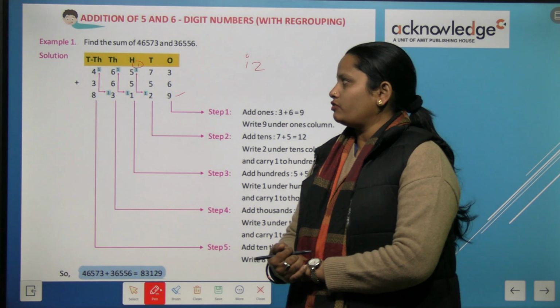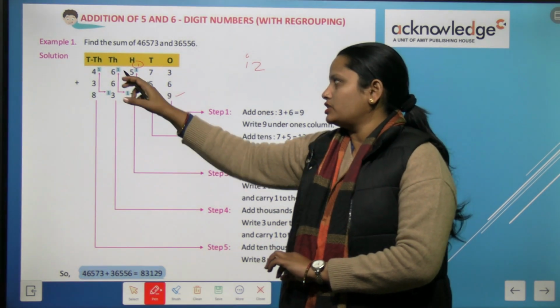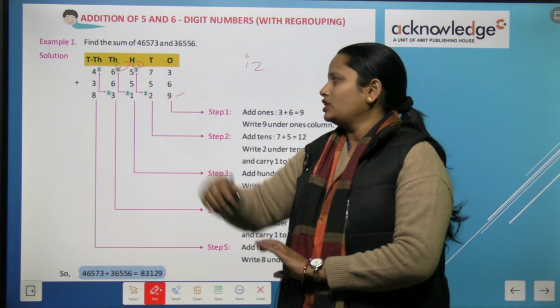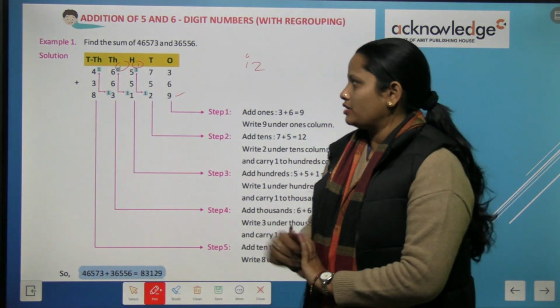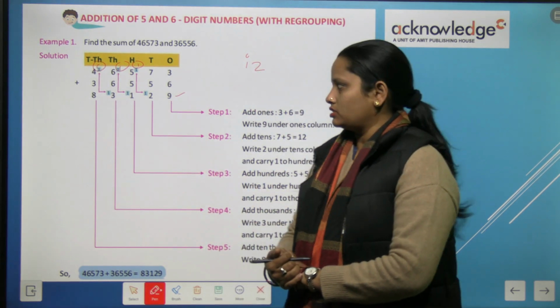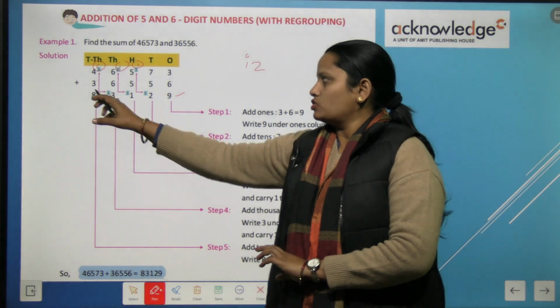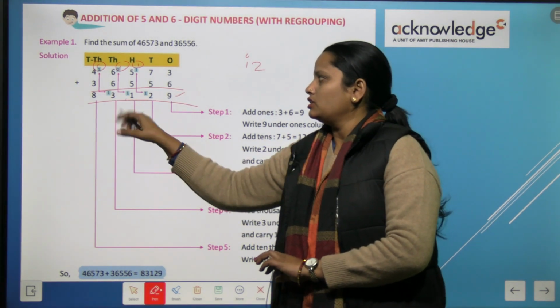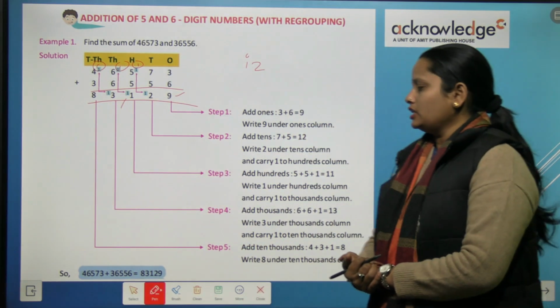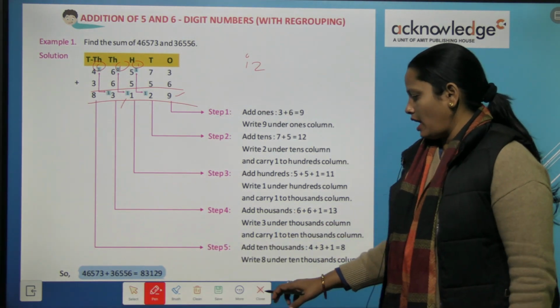So now we have to add 5 plus 5 is 10 and plus this carry 1 is 11. So 1 is written here, 1 is carried over. Again 6 plus 6 is 12 plus 1 is 13. So 1 is carried over here, 3 is written. Next is 4 plus 3 is 7 plus 1 is 8. So here the answer is 83,129.